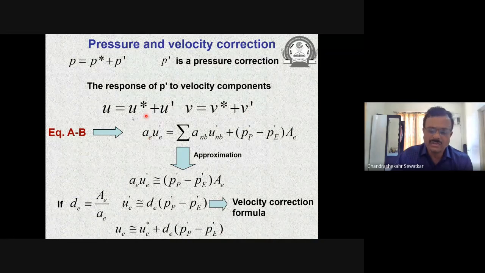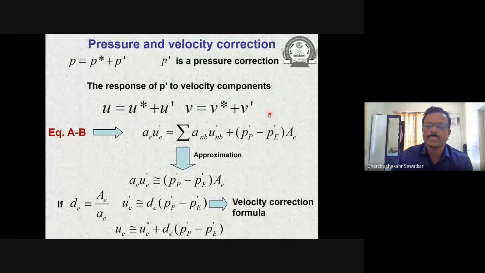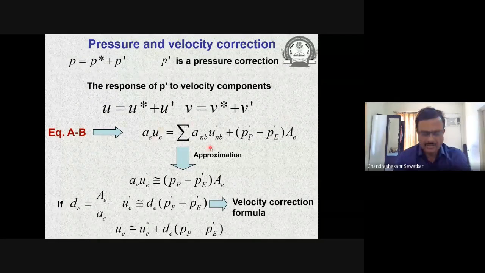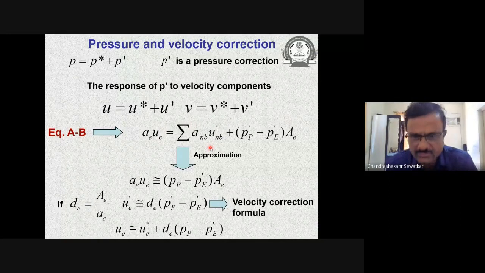So if I subtract the equations, I will obtain the expression in terms of prime velocities and prime pressure, that is velocity correction and pressure correction.